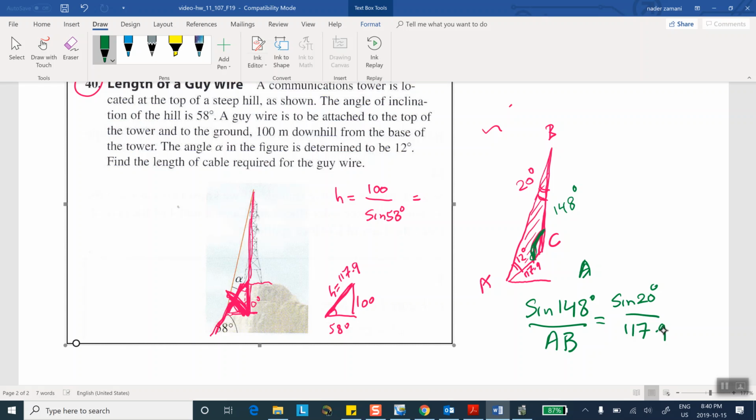Okay, so AB is equal to 117.9 sine of 148 divided by sine of 20. These are all degrees. Okay, so let's go ahead and put this thing in there.